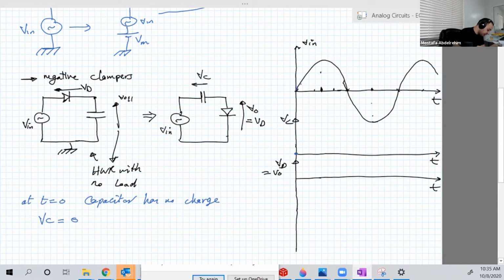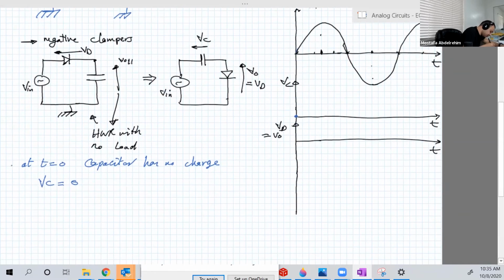the diode will be in forward bias, but it needs 0.7 to turn on. So as long as Vin is less than 0.7, the diode is off.